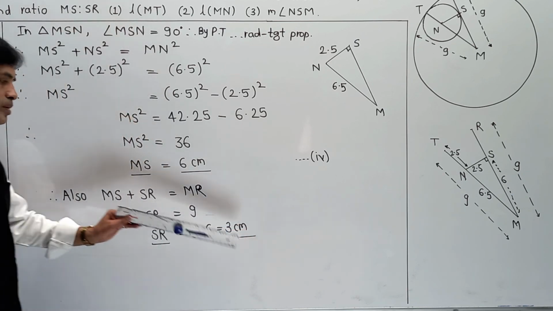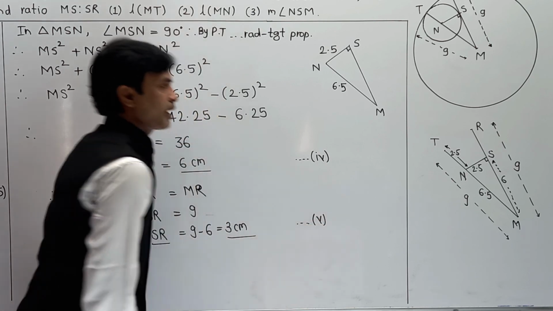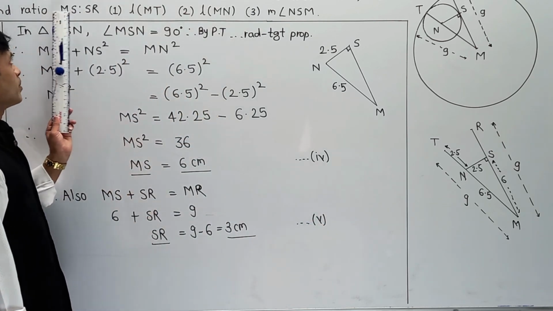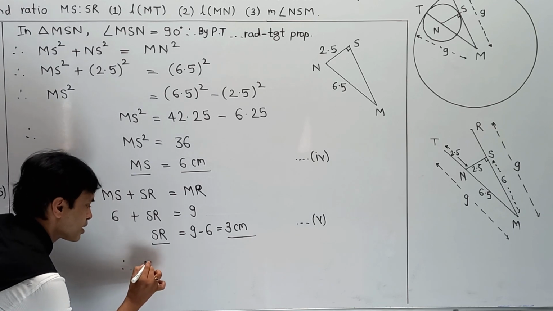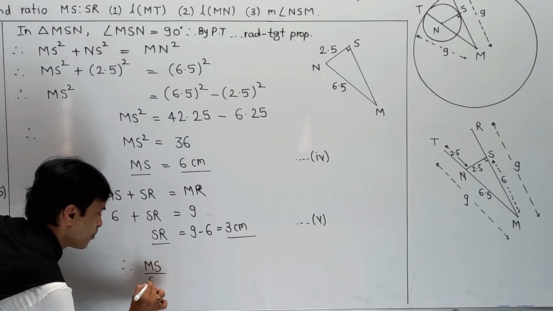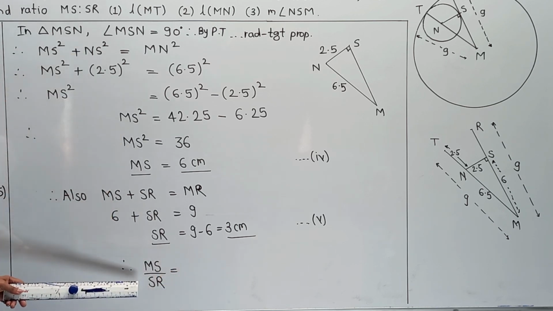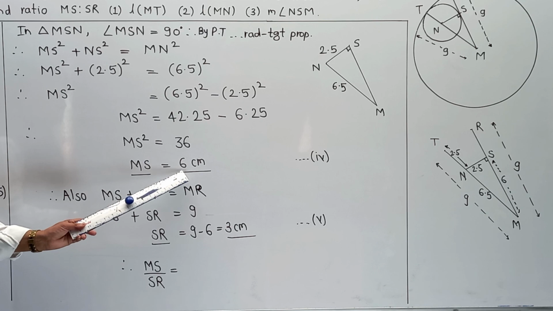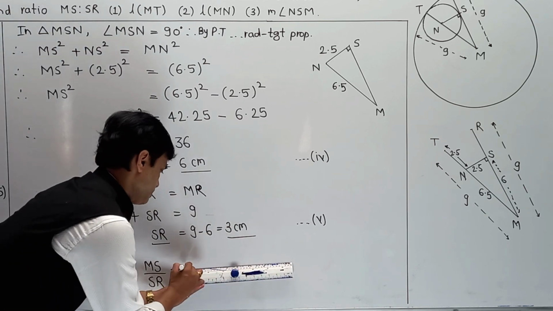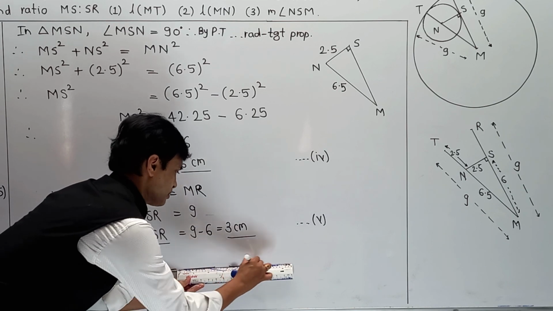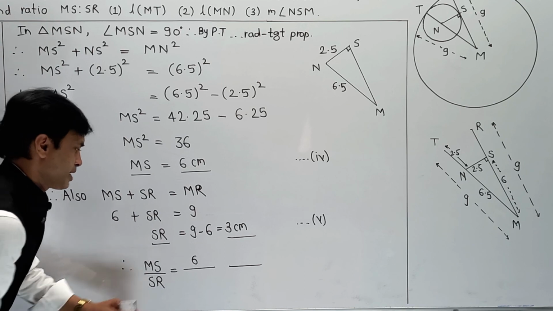As it is a new answer over here, I am going to write it as equation number 5. And your last part, ratio of MS is to SR. Therefore, MS upon SR is equal to, value of MS that is 6, value of SR that is 3.